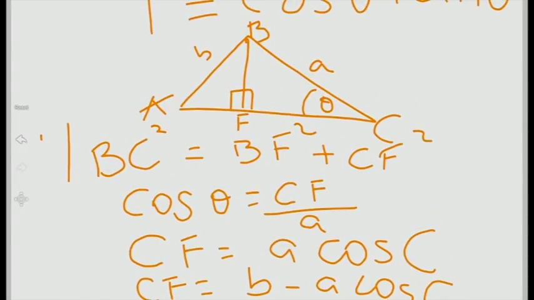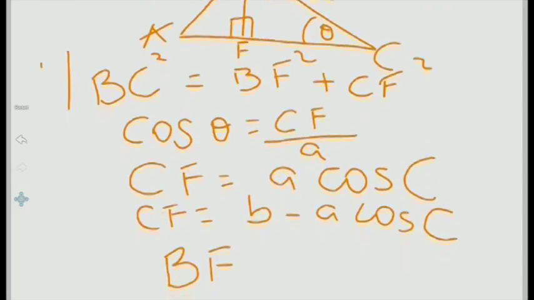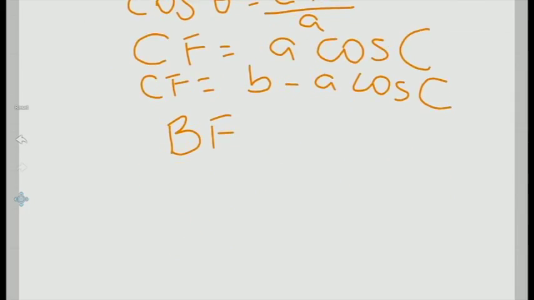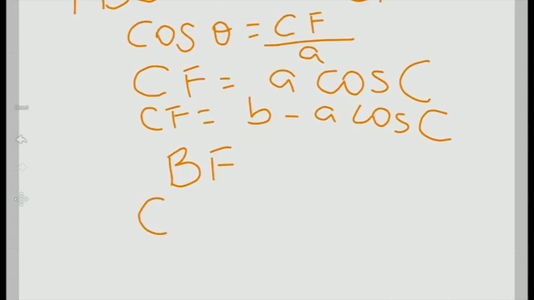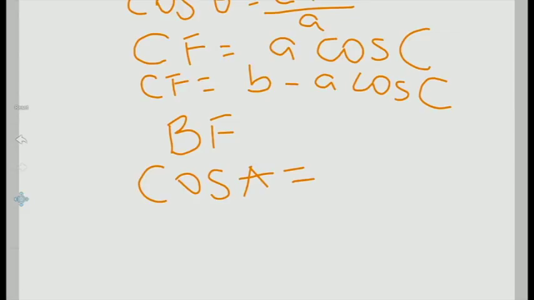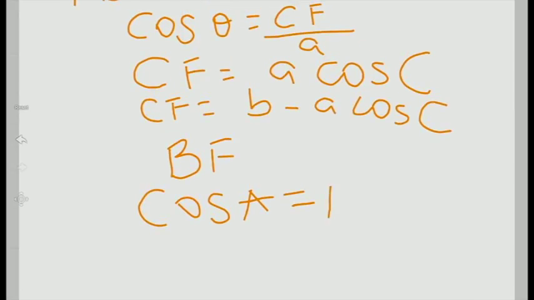Using the other angle, angle A, the cosine of angle A is equal to the adjacent over the hypotenuse. Adjacent of angle A is AF.